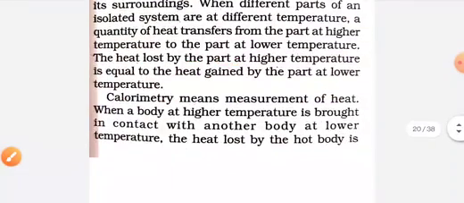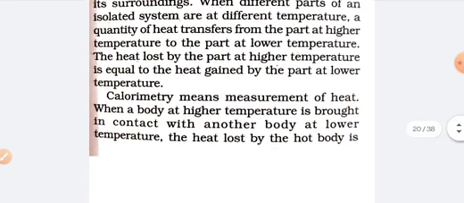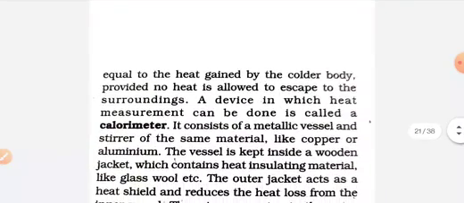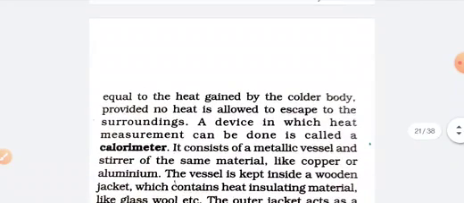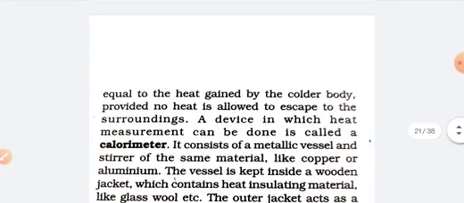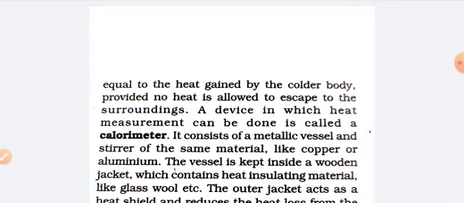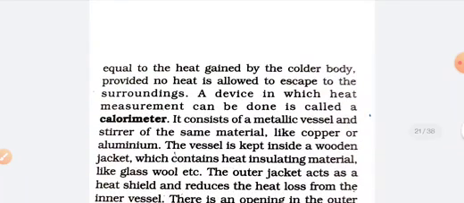So calorimetry means measurement of heat when a body at higher temperature is brought in contact with another body at a lower temperature, and the heat lost by the hot body is equal to the heat gained by the cooler body, provided no heat is allowed to escape to the surroundings. So a device in which heat measurement can be done is called the calorimeter.